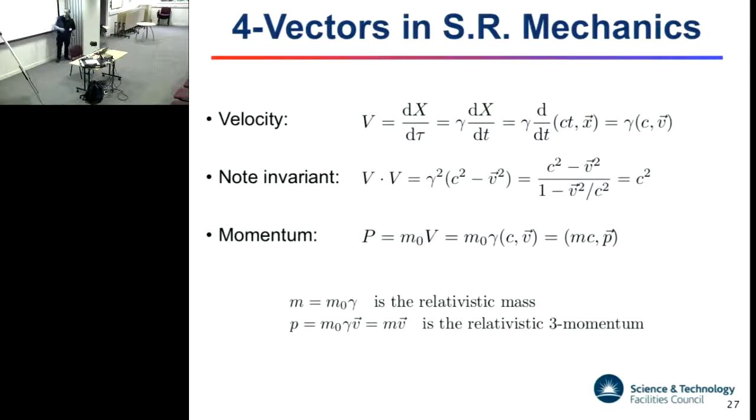So the 4 momentum is sometimes called the energy momentum vector. And then m0 gamma v is the relativistic momentum. Now some people call m0 gamma the relativistic mass. I'm not keen on that, but you will see that in the literature. Likewise, m0 gamma v is a relativistic 3 momentum.